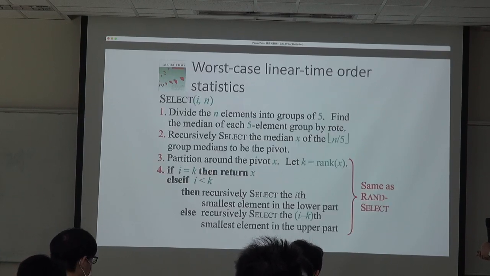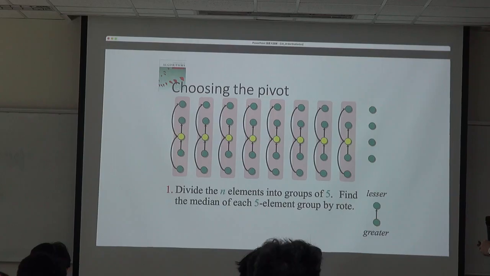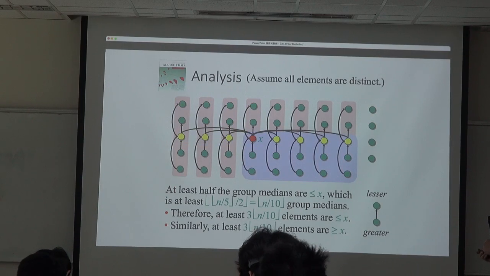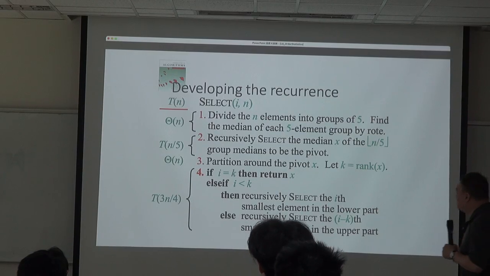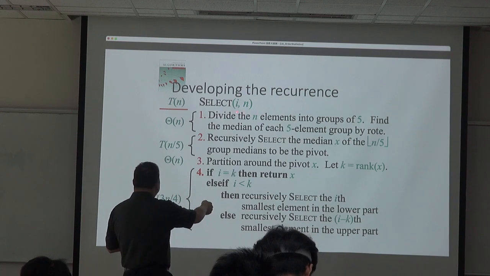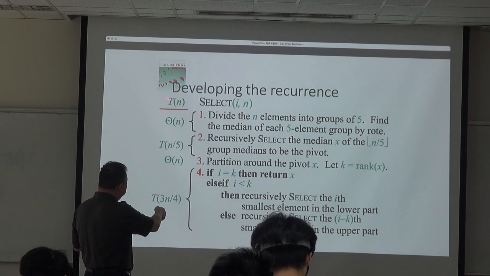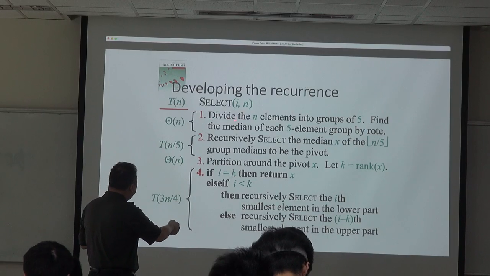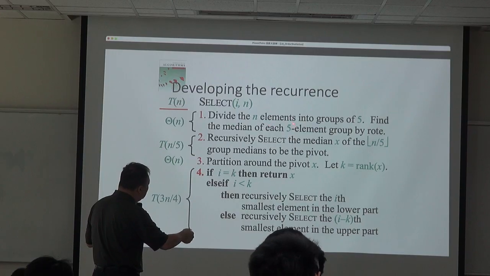So let's again take a closer look at this algorithm, because this algorithm is broken into 4 steps, right? Let's take a closer look at the complexity analysis. The first one, select, obviously indicates T of n, right? First step, divide n elements into groups of 5 and find the median of each group.